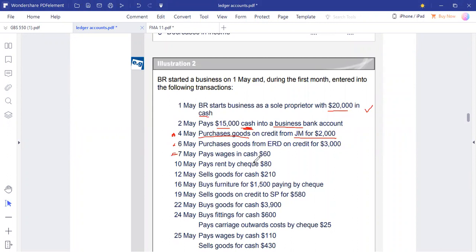Who wants to try the next transaction? Paid wages in cash, 60 kwacha. Who wants to try? Dingiswayo. Which two accounts are we considering?